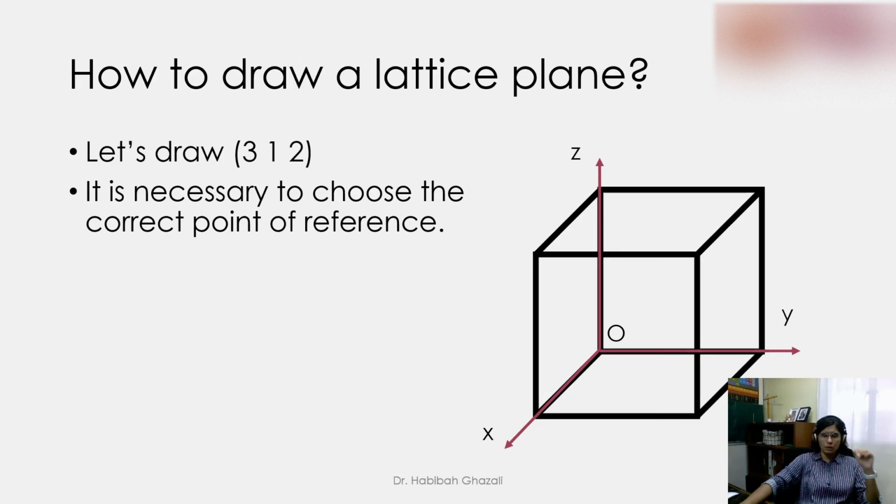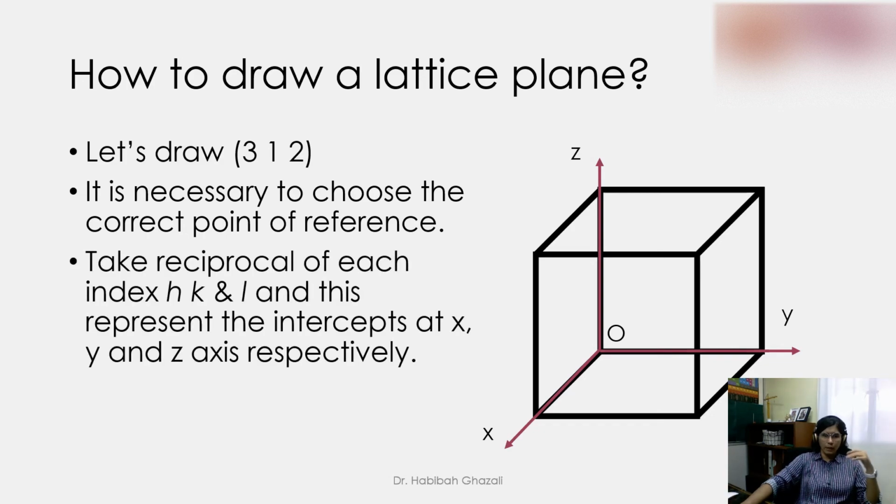So I will choose that O as my origin and this X, Y, Z coordinate system. What you need to do first is to take the reciprocal of each of the indices, the h, the k, the l, and this will represent the x, y, and z directions in your cubic unit cell.